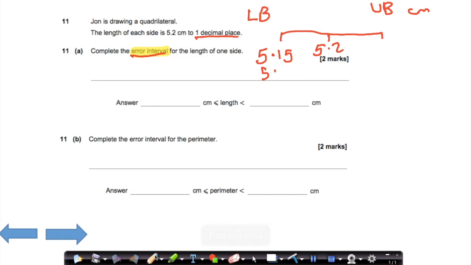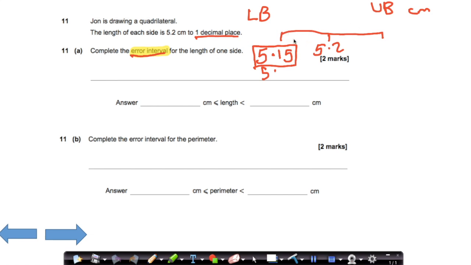And if we had 5.16, then yes, that would have rounded to make 5.2. However, there is a number which is smaller, so a lower bound there exists. The lowest bound would be 5.15. So we want the lower bound, which will be 5.15.